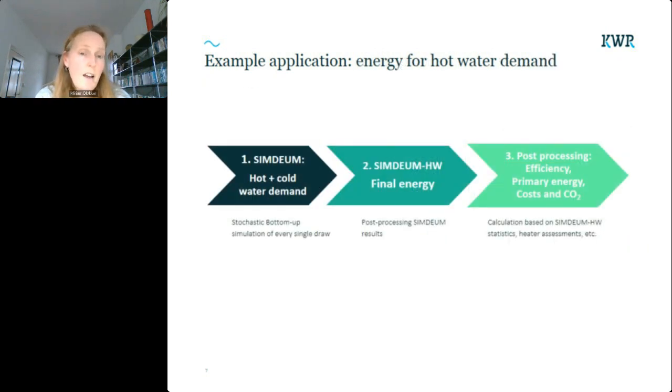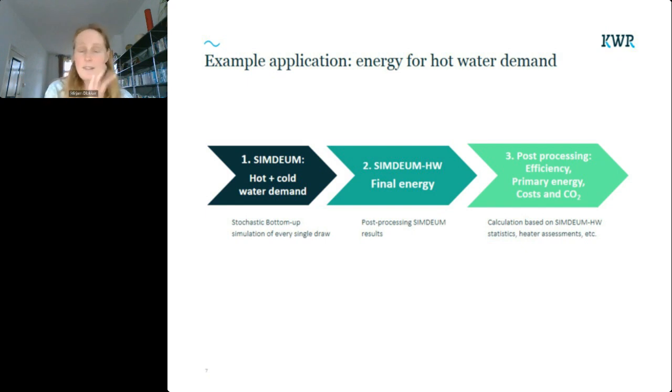After we did the validation of the demand model for both hot and cold water, and the validation of the temperature model, we could also determine the final energy needed to produce hot water, and also other things like what that means in terms of cost and CO2 footprint.